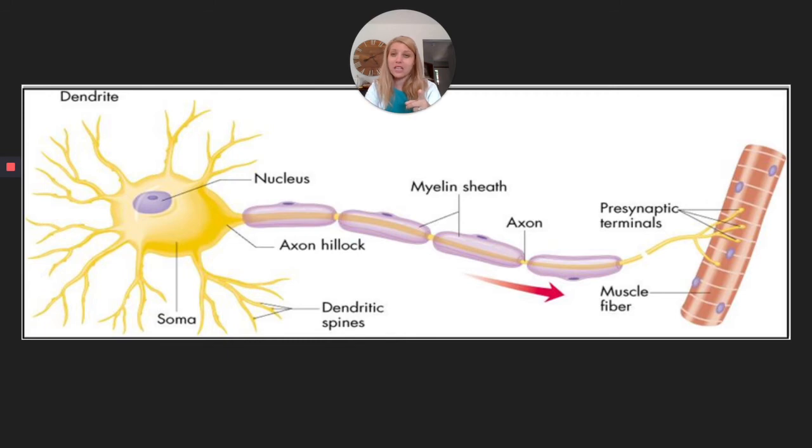And interestingly enough, as we age, myelin sheath tends to break down and to deteriorate, which is one of the explanations as to why older adults do tend to be so much slower, particularly with things like reaction time.